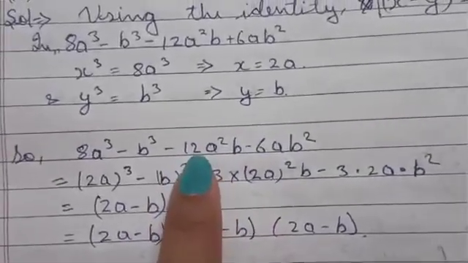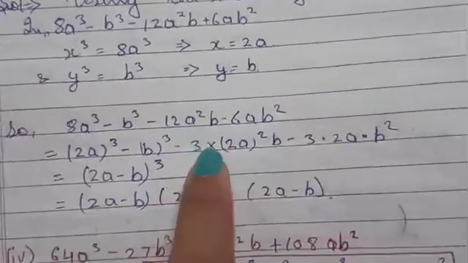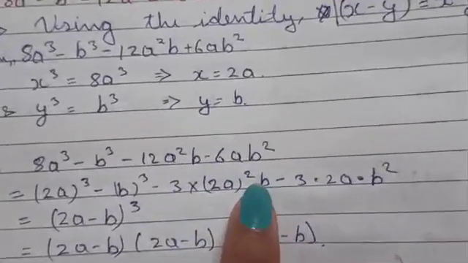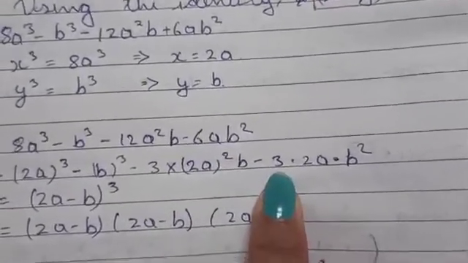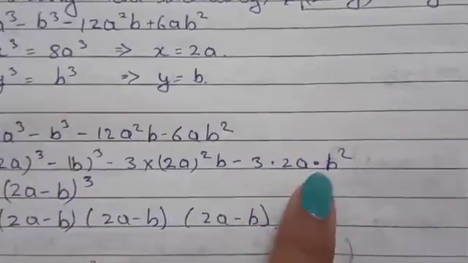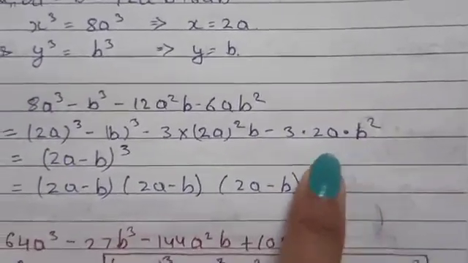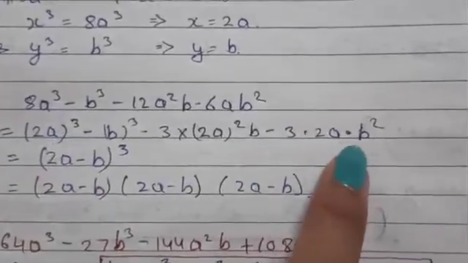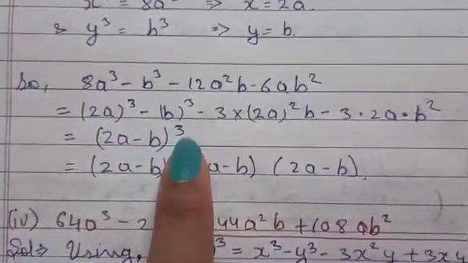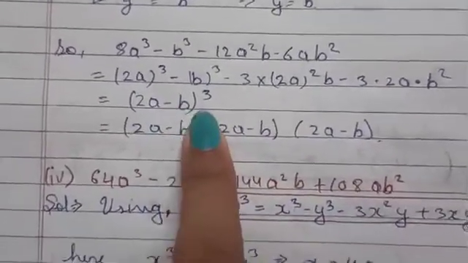Here we should have 3x square y, so 3 into x square, x is 2a, so (2a) whole square into y, y is b. The last term must be 3 into x into y square, x is 2a and y square is b square. So this is the expansion of (2a minus b) whole cube.